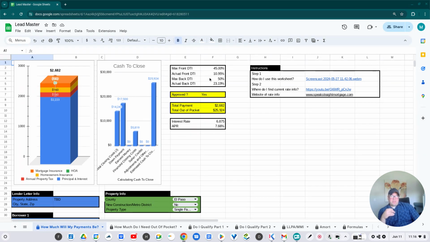And it's showing the maximum amount that I'm estimating that could be based on what you put. So the second column shows what your actual front DTI is based on these numbers, and your actual back end DTI based on these numbers, and it'll say if it's approved or not. And again, this is an estimate, it is not exact. But I'm using past information to try to give you the most accurate information possible.